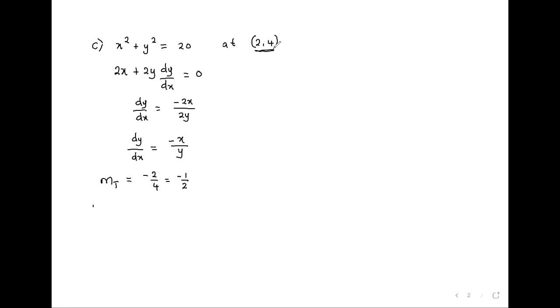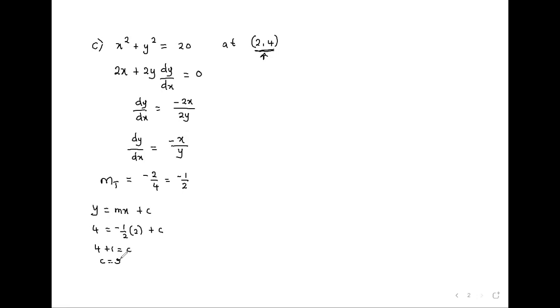And then y is equal to mx plus c. Using the same point, y is 4, m is -1/2, x is 2, plus c. So we get 4 plus 1 is equal to c, implying that c is equal to 5.